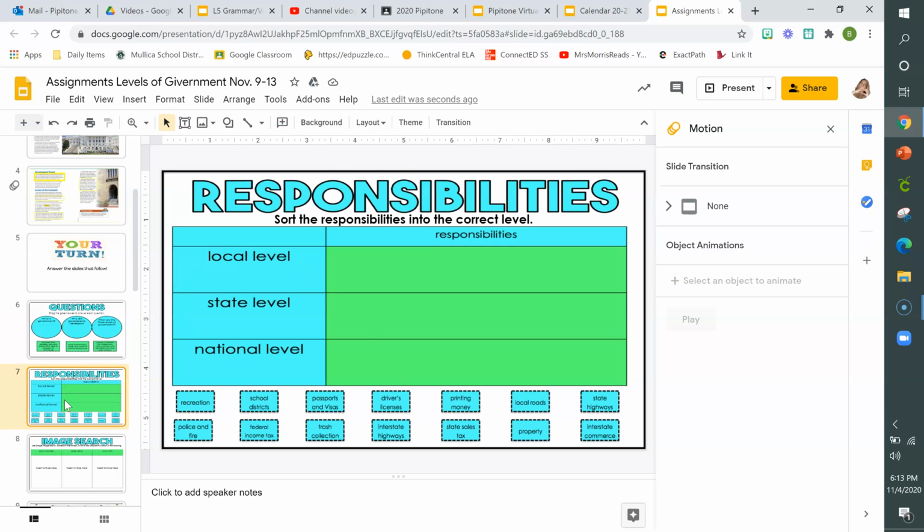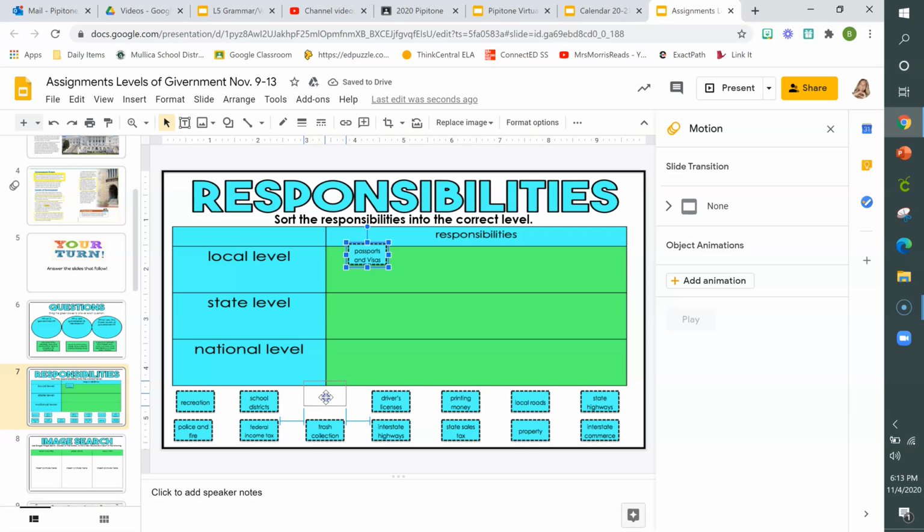Once you're done doing that, you can take a look at the responsibilities. You will sort the responsibilities into the correct level. Responsibilities are things that each level have to do. Let's think of the local level, or our local government. What are they responsible for? Click some blue boxes and click and drag.